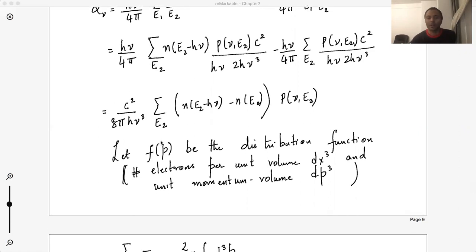Now, how would you do that? Well, you do that using the language of statistical mechanics. You know that this summation should be interpreted as the summation over all the different discrete states in which the electron can be. So even though we're going to write this as an integral, you know that because everything is quantized, energy is quantized.